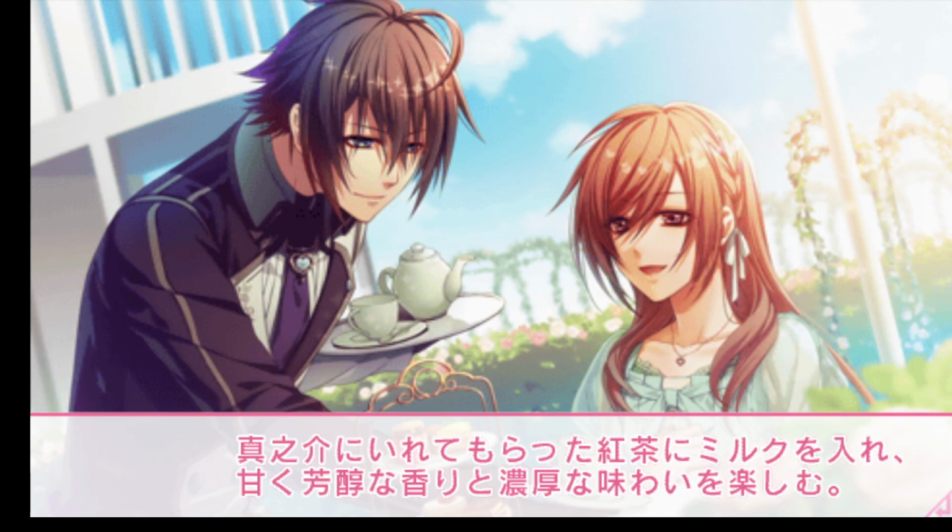So, here we have kocha ni kocha. That is, I received kocha. That was received, that he brewed, or literally put in, by Shinnosuke. Ni milk o ireru. What is ire?